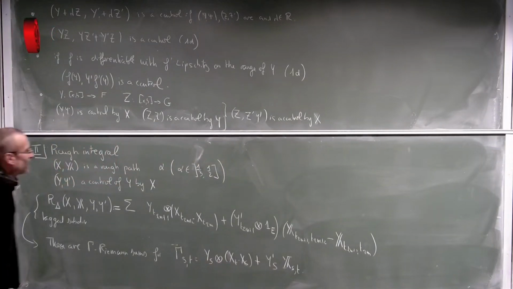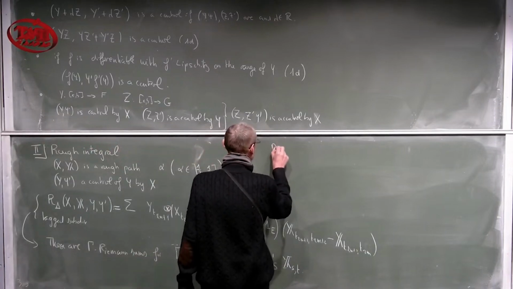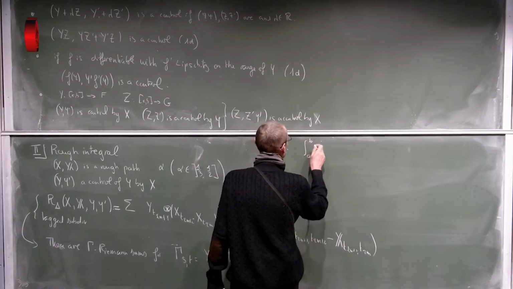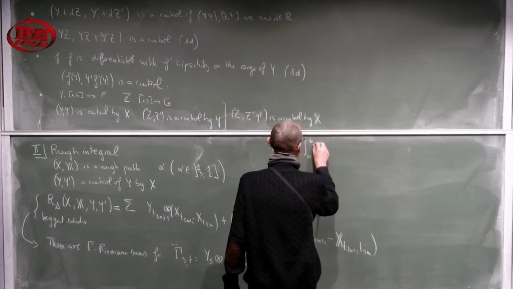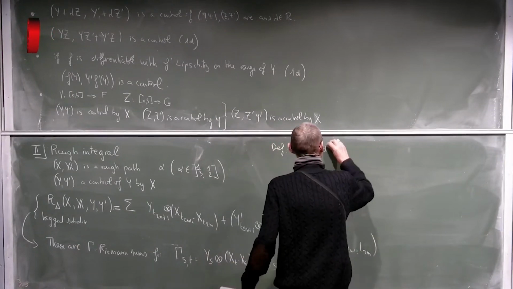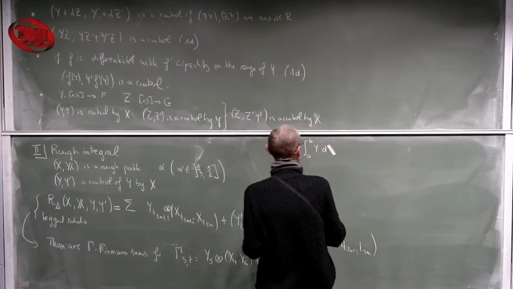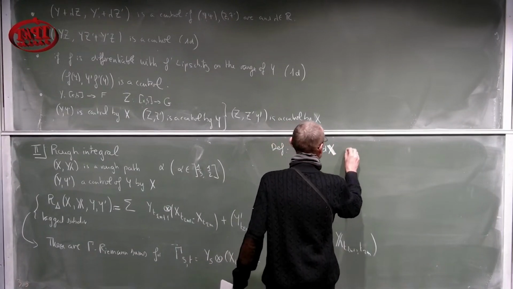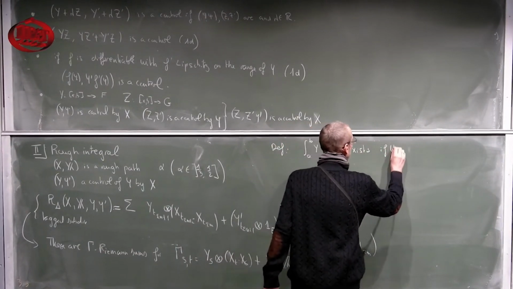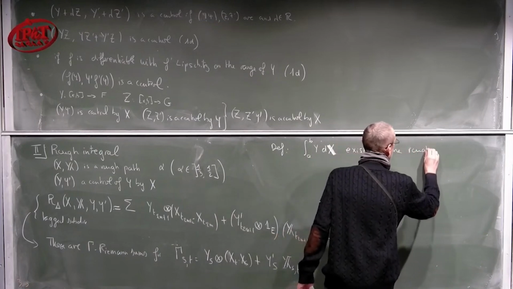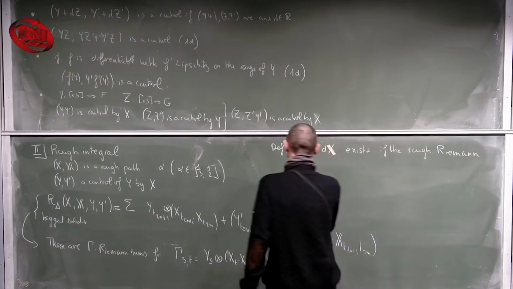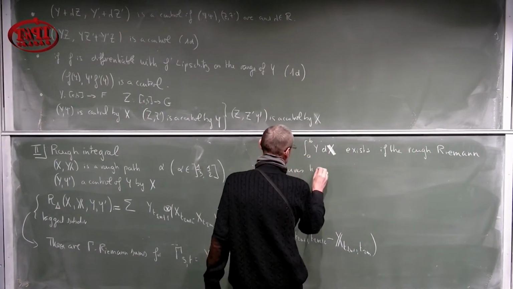And then another definition: we say that the integral from a to b of Y dX exists if the Riemann sums have a limit as the mesh becomes small.